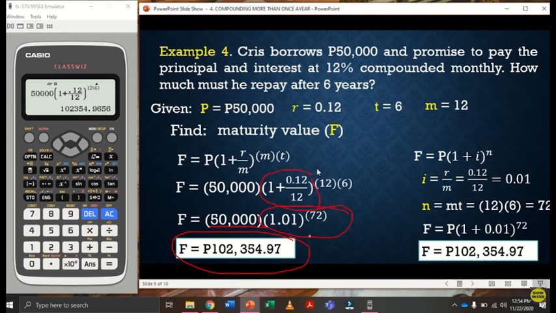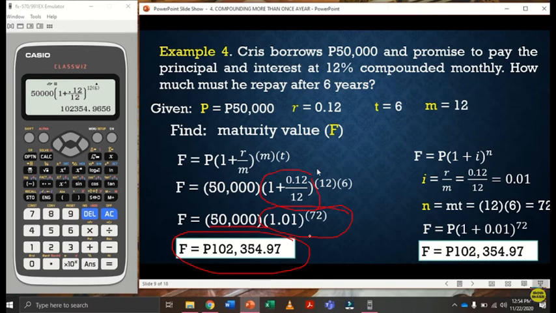Kung nagpautang ko og 1,000 ug ang tubo 10%, so 10% sa 1,000 is 100 per month. Kung di siya kabayad sa interest, mutubo pa jud na og 10% katong 100, so mahimo siyang 110.